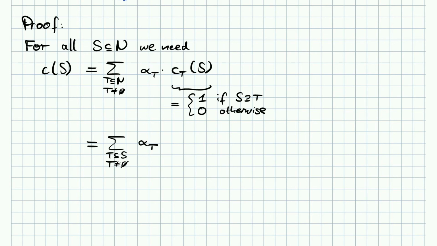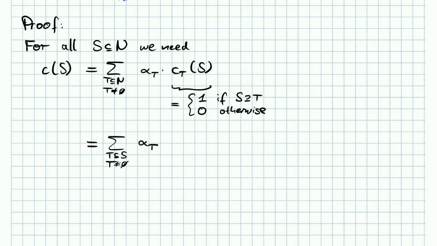So what we're getting is that we have a system of linear equations. We'll have C of s will have to be equal to this. And how many variables and how many constraints do we have?